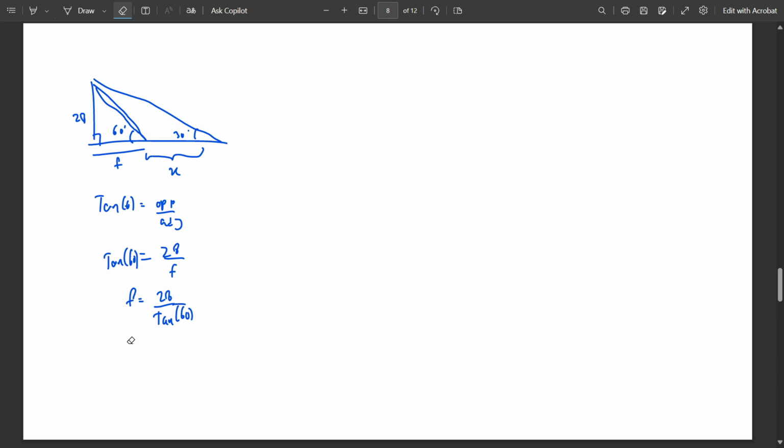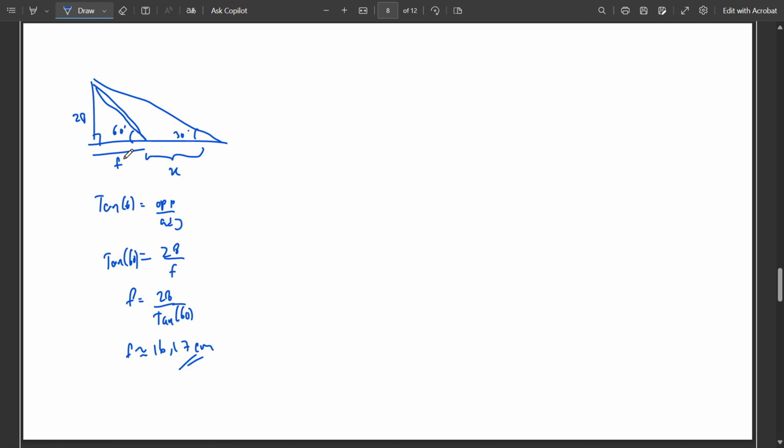So 28 over tangent of 60 is just, f is approximately 16.17 centimeters. That's our f. Okay.